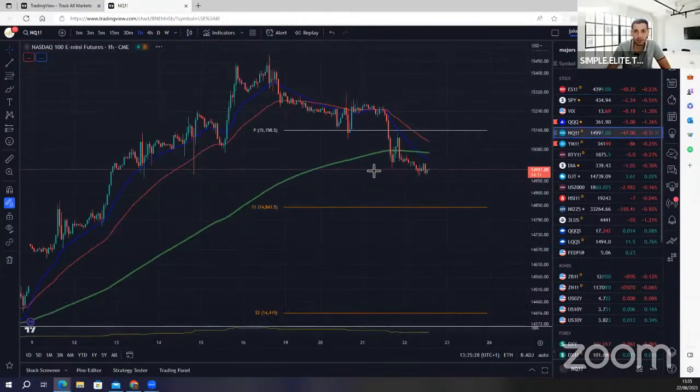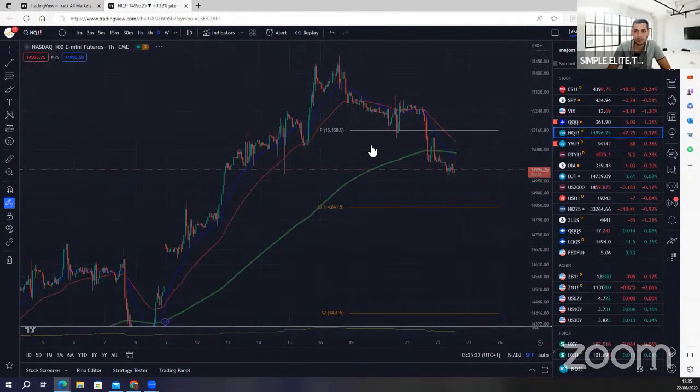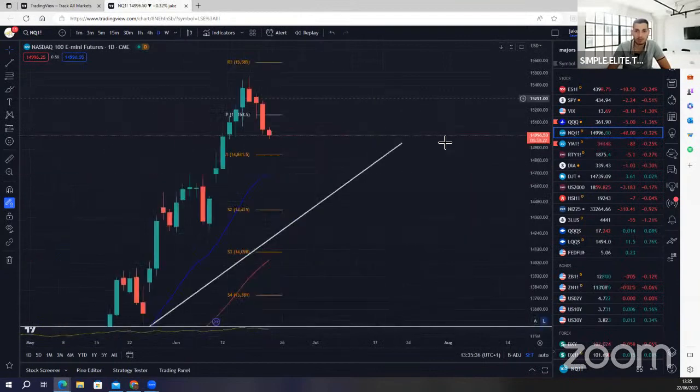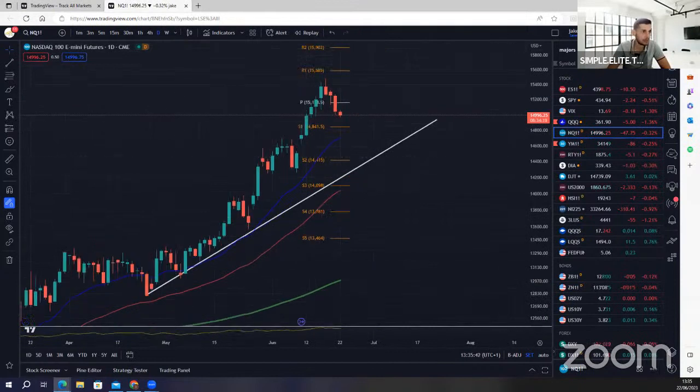Nasdaq, same thing. We see a retracement. This is the daily time frame. I really like this retracement because it's not that strong, so it's a very healthy retracement.